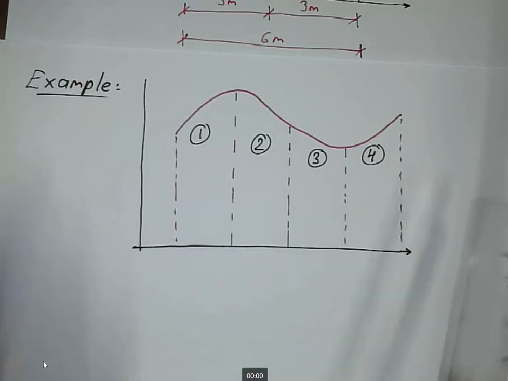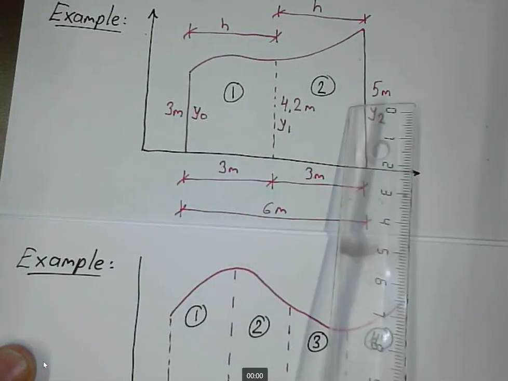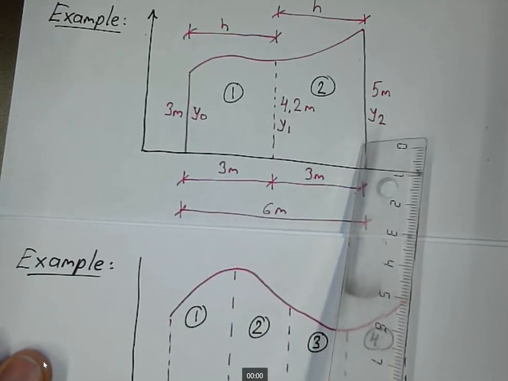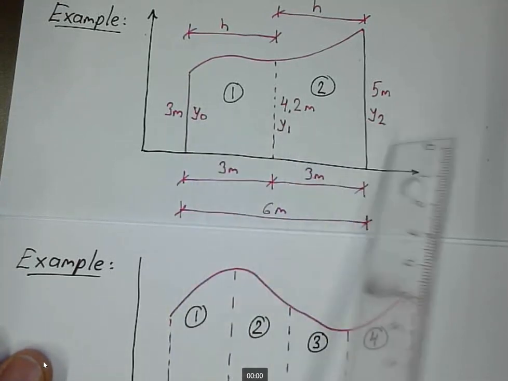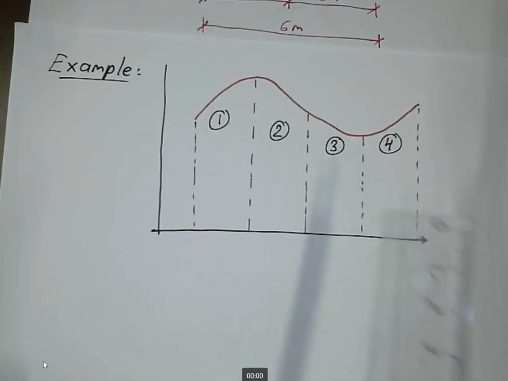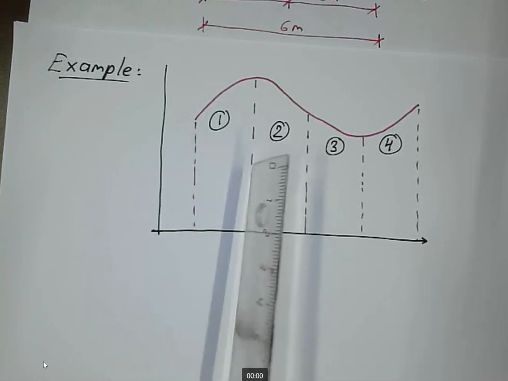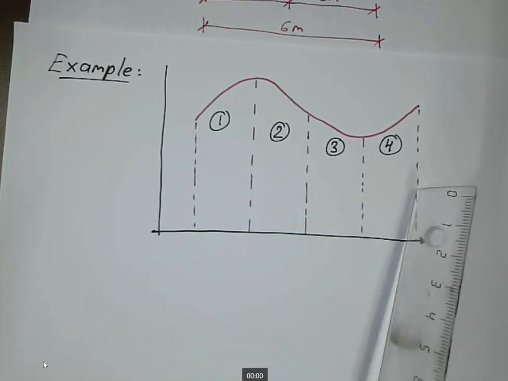Now when we had two parts, we had to measure 3 heights: 1, 2, 3. And now when we have 4 parts, we have to measure 5 heights: 1, 2, 3, 4, 5.